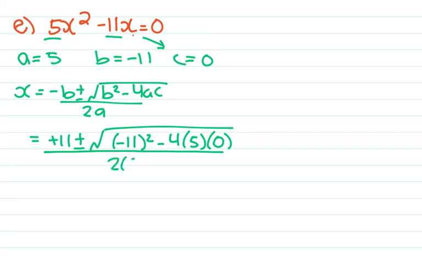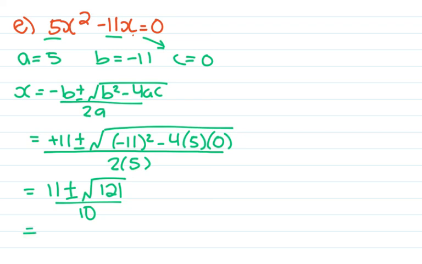Divided by 2 times a is 5. Equals 11 plus or minus the square root of negative 11 times negative 11 is 121, minus 4 times 5 is 20, 20 times 0 is 0, so minus 0, so just 121. And then divided by 2 times 5, which is 10.